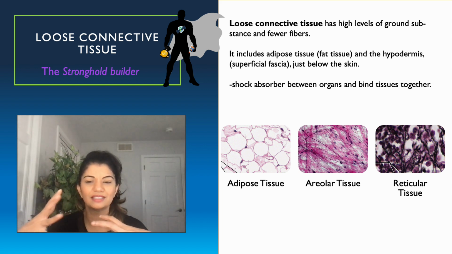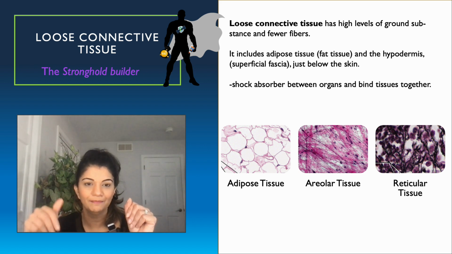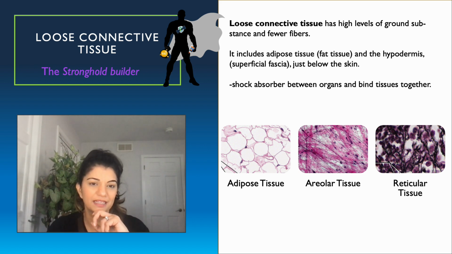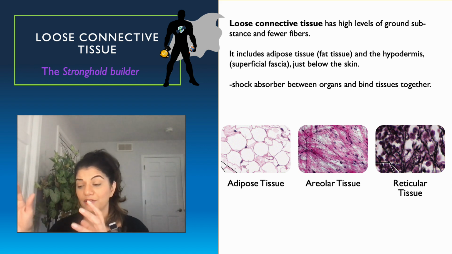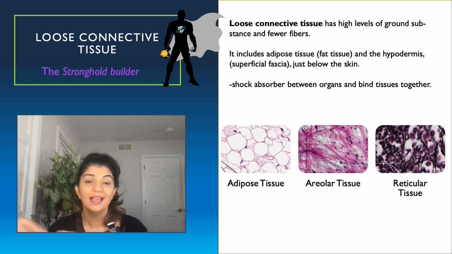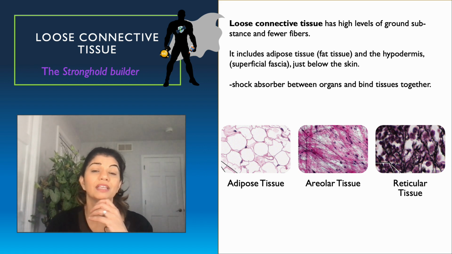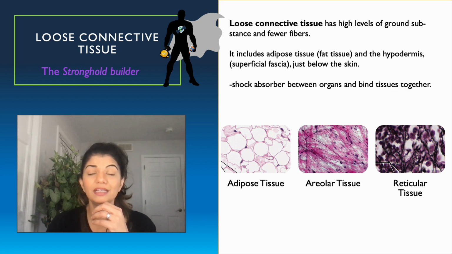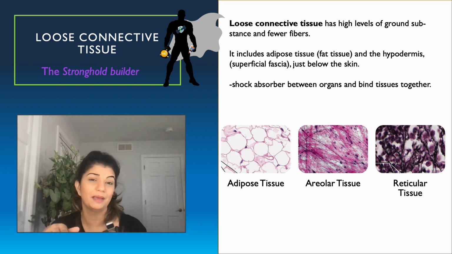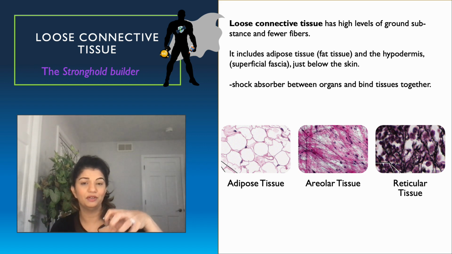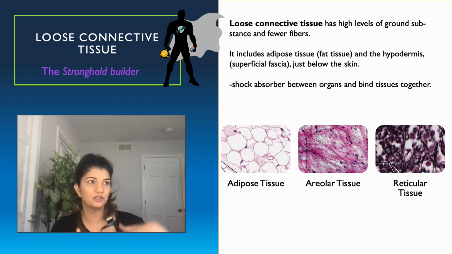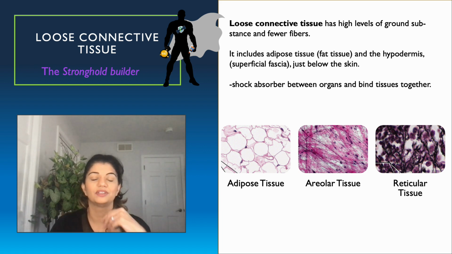And it somewhat looks like this web-like fashion. And what it does, it fills spaces between muscle fibers, it surrounds blood or lymph vessels, and it supports organs in the abdominal cavity, basically. And the other thing it does, it underlies most epithelial cells and represents the connective tissue component of epithelial membranes. Remember, we talked about apical and basal, that sort of thing.